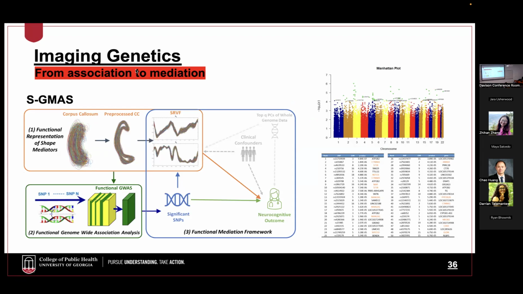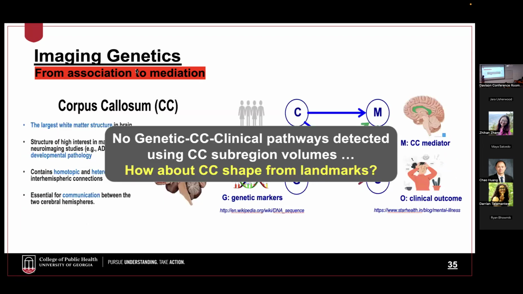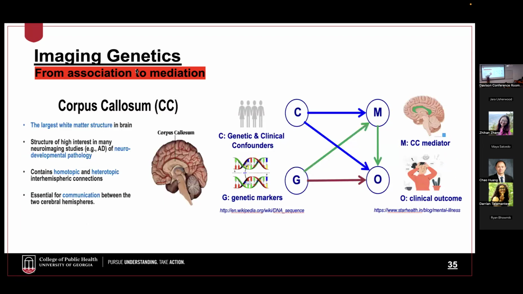Instead of just extracting volumetric information from these CC areas, we now focus more on the shape of these regions. For example, in some AD patients, we usually observe atrophy in these CC areas. It can change the volume of these CC areas, and it can also change the shape of these CC areas, okay?